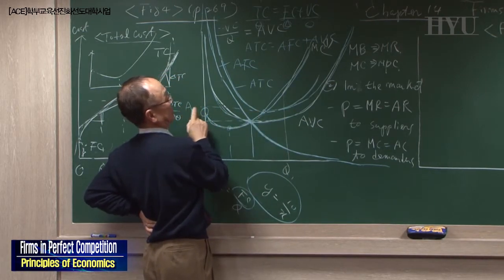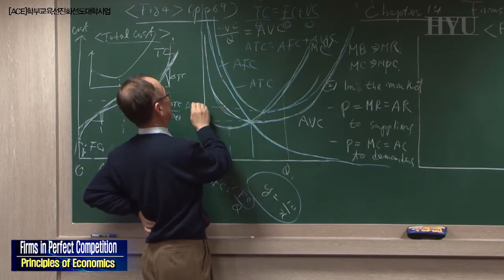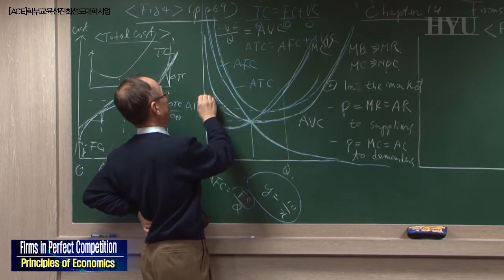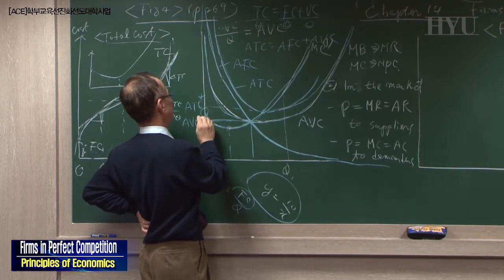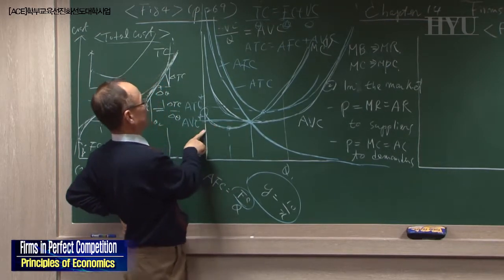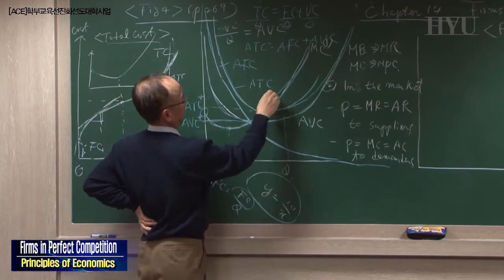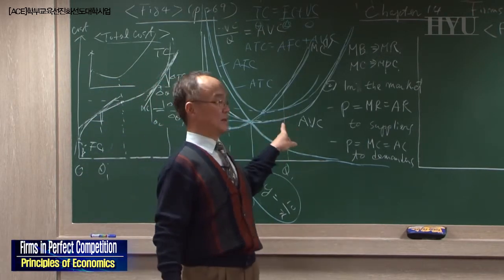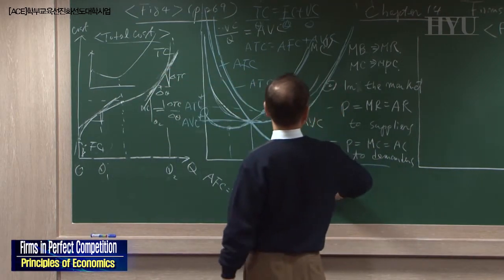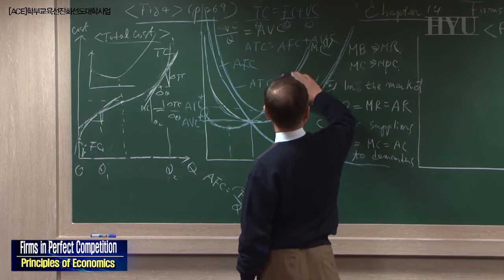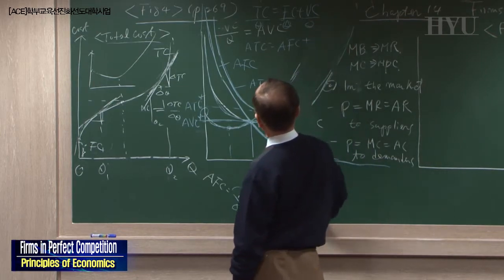Let's call this ATC star, and this is AVC star, the minimum point the MC cuts through. I explained why this is so. Okay. I don't have time to explain this one more time today. So let's go forward anyway.